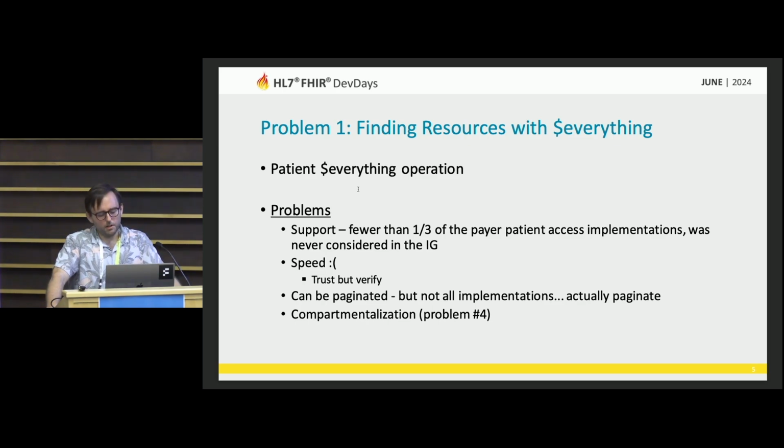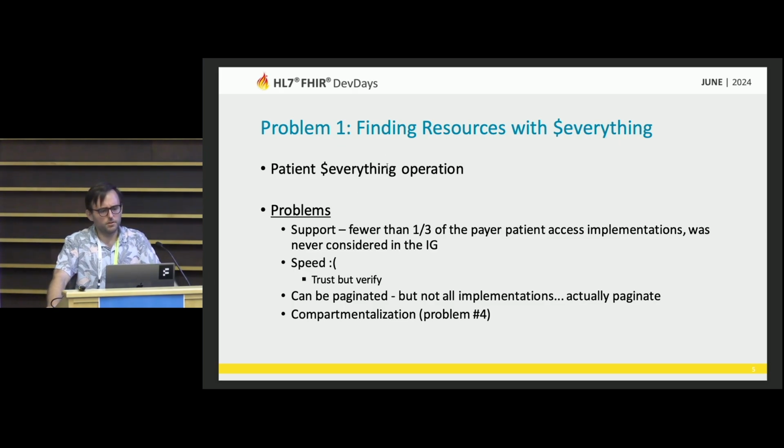And then we come to compartmentalization. This is actually a problem because, yes, if I'm acting on behalf of a patient, certainly we're interested in encounter resources, observation resources, anything that is compartmentalized, so to speak, within the patient. But that's actually not the only data that we're interested in.